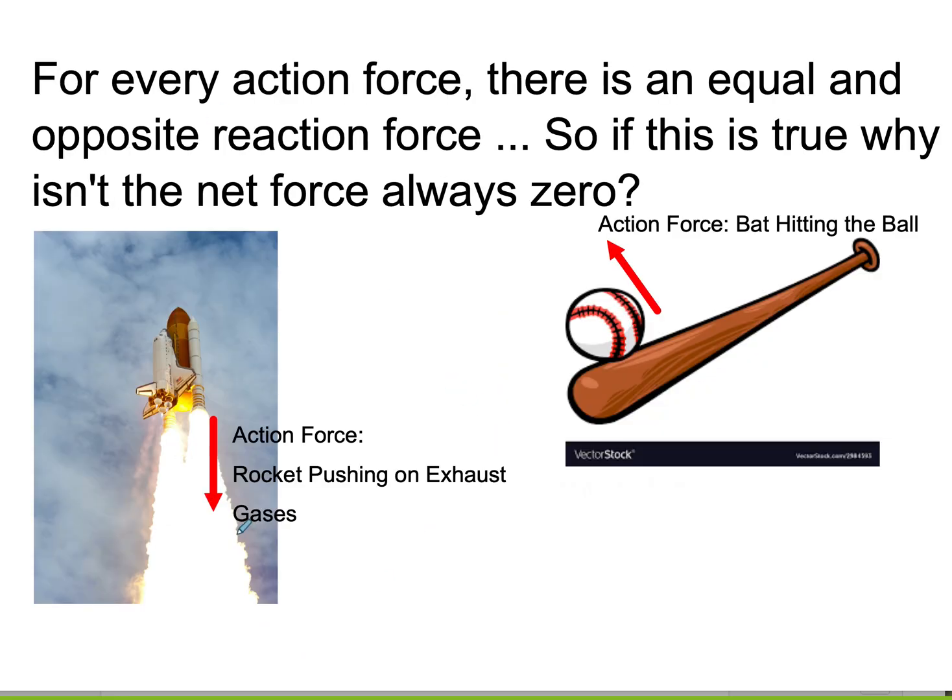So now, let's first look at a bat hitting a ball. So I have a bat. It's going to hit a baseball. The action force is the bat hitting the ball. Can someone tell me what the reaction force will be?